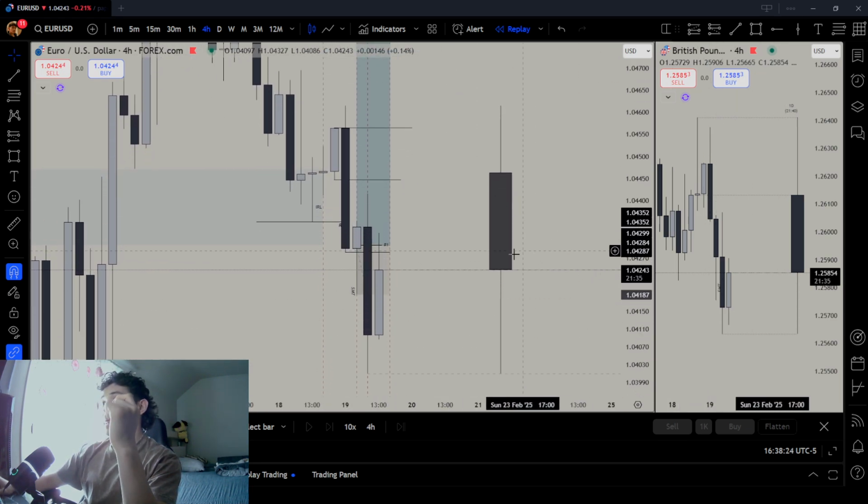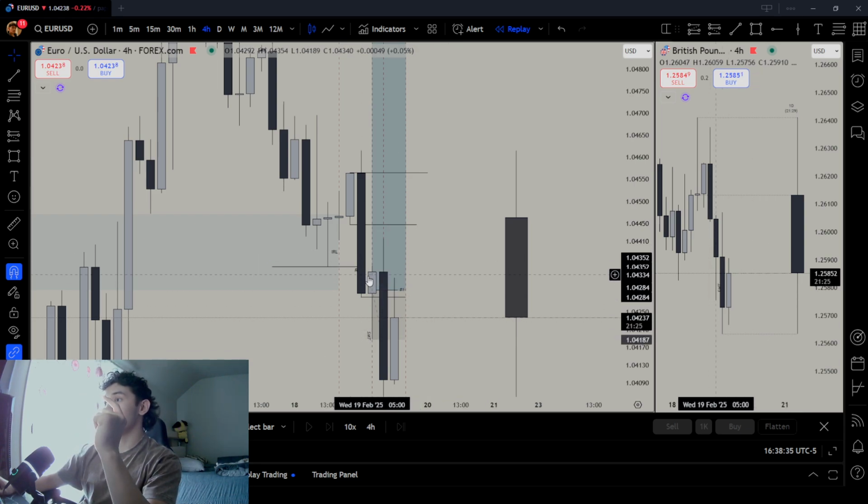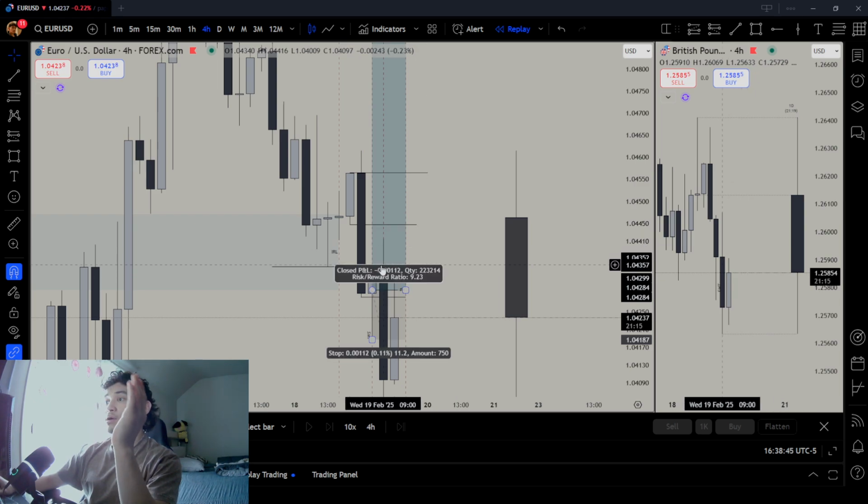Now we're looking at what type of New York reversal profile we're looking at. Is it New York reversal profile 1 or 2? Profile 1 being 1 AM accumulation, 5 AM manipulation, and 9 AM expansion, or New York reversal profile 2: 5 AM accumulation, 9 AM manipulation, and 1 PM expansion. How do you know which one you're looking at? It's simply by looking at a confirmation.